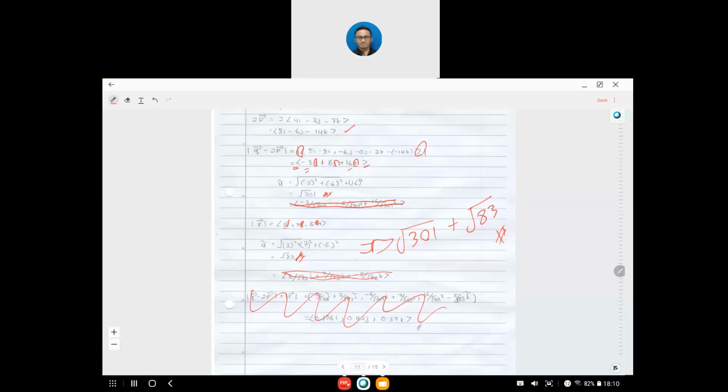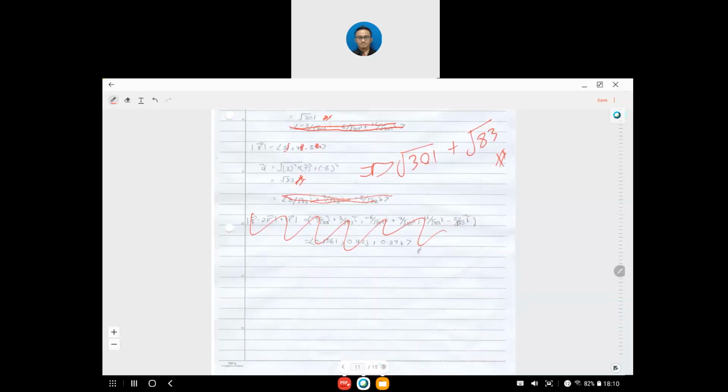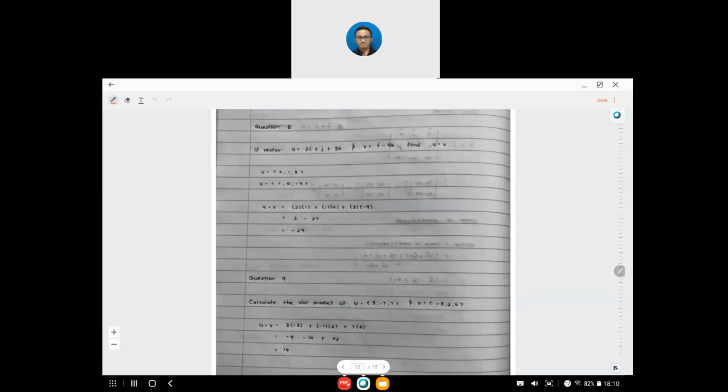Question 7. And then question 8. If vector u equals to this one, also the same, I, J, I, K. Find u dot v. Oh, sorry.